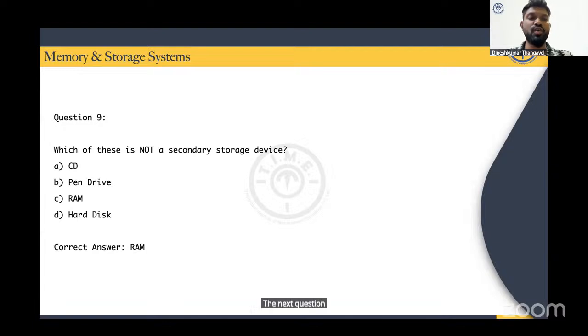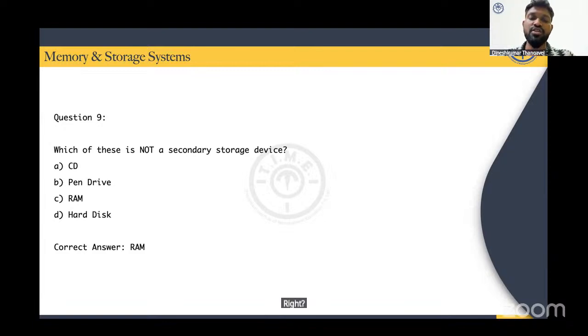The next question is, which of these is not a secondary storage? We discussed what is primary and secondary. And here we have four options. Which of the following is not a secondary? It means which is a primary storage? The primary storage here out of these options is RAM, because CD, pen drive, and hard disk are external movable parts, right?